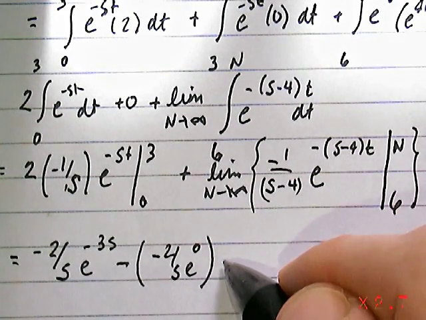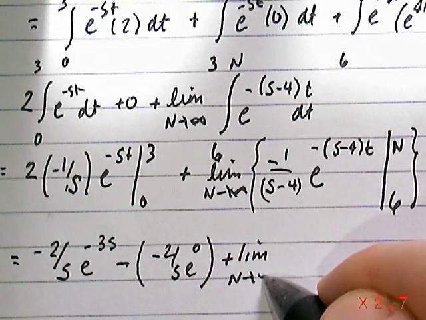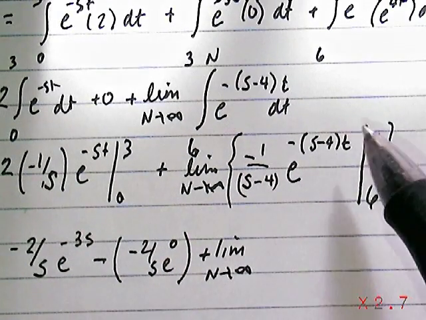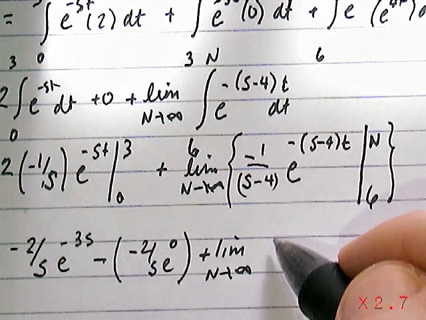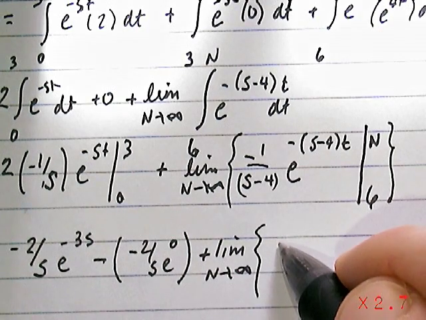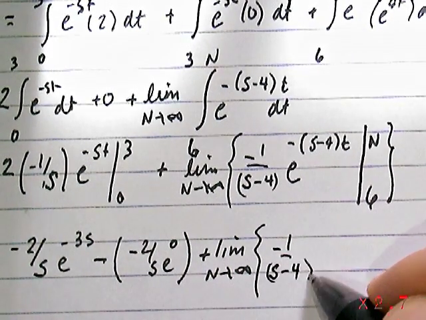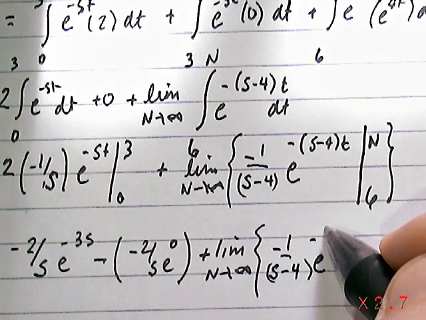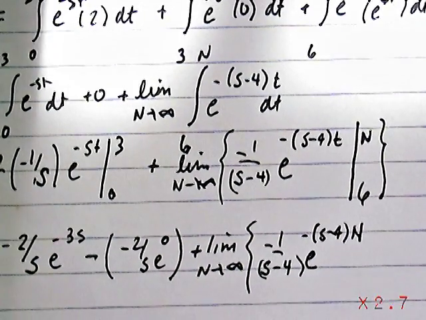Over on the other side, we will have plus the limit as n goes to infinity of what? Plug in n into the expression for t, and we're going to get the limit of negative 1 over s minus 4 times e to the minus s minus 4 power times n, because we just plug in for t.